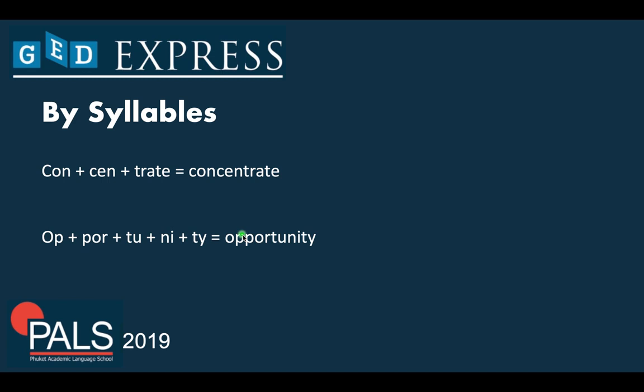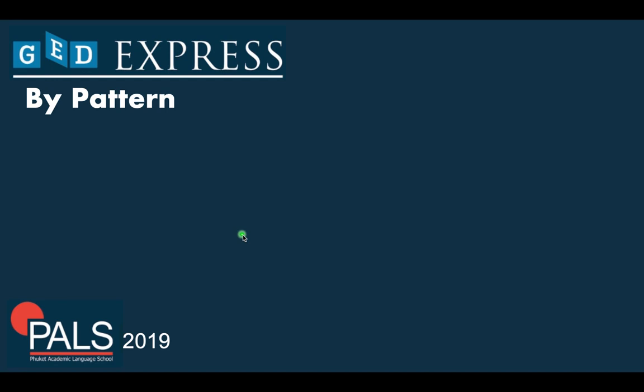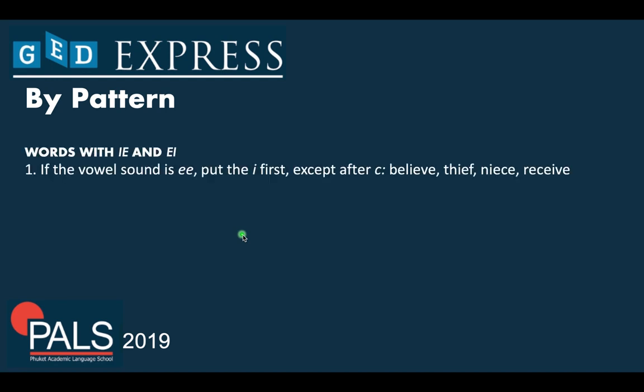Another way to do that is by patterns. For words with I and E, generally, if the vowel sound is E, put the I first, except after C. So for words like believe, thief, niece, and receive, as you can see here, except after C it becomes EI.